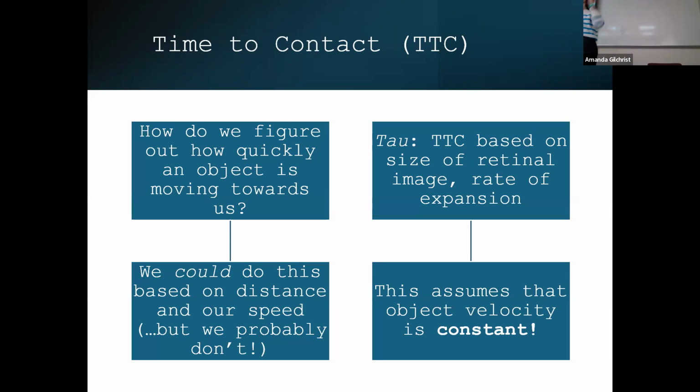Now, if Dr. Hyland were here, and remember, he's a physicist, he's going to tell you that to figure out the rate at which an object is traveling towards you, you need to do this based on the object's distance from you and the object's speed. And you might have to do some calculus to figure out the rate of change.